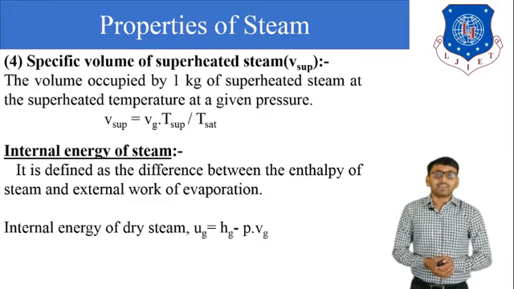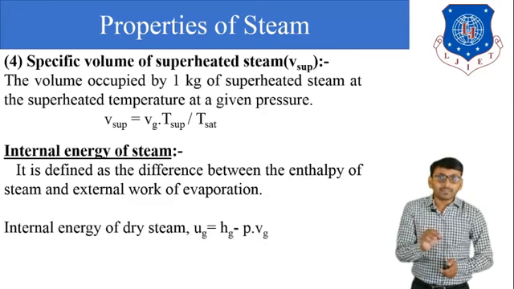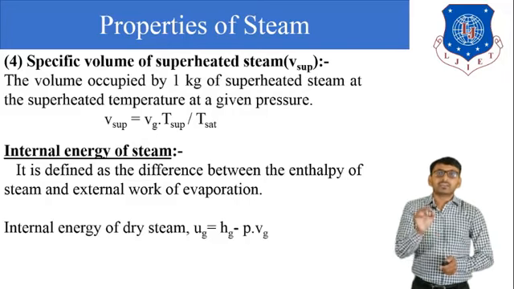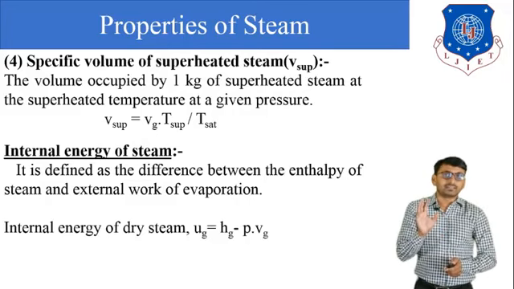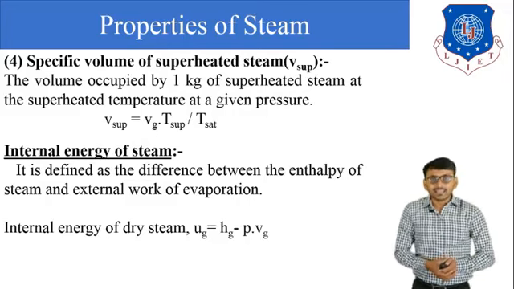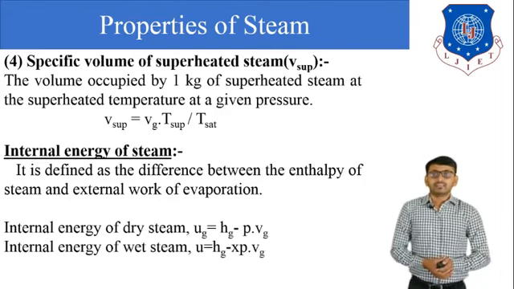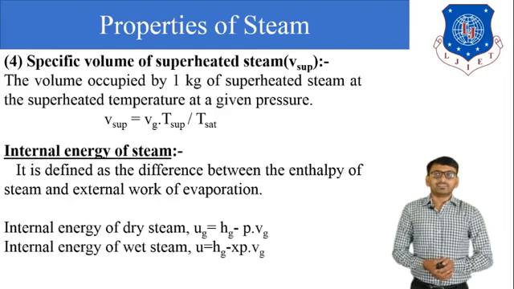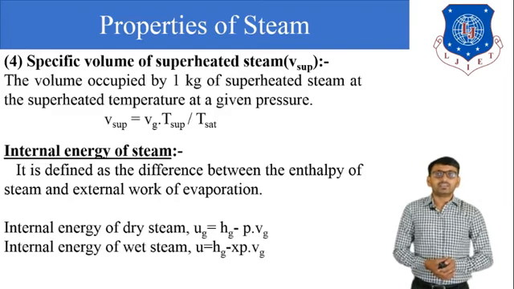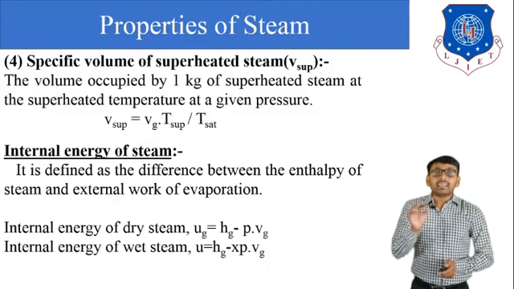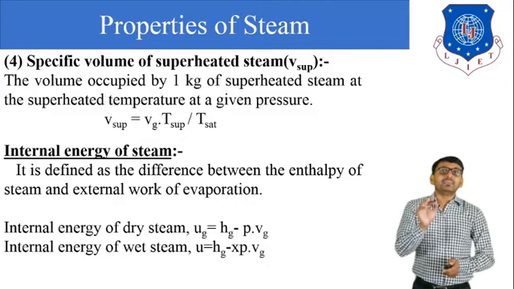It is equal to enthalpy of dry steam minus external work of evaporation, so Hg minus P into Vg. Second, internal energy of wet steam, U is equal to Hg minus XP into Vg.